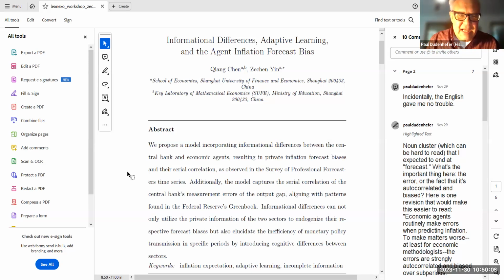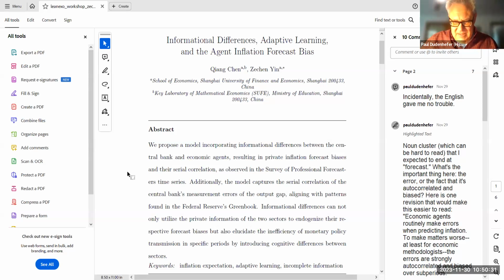But as you point out, in the real world, that's just not true. So you construct a model in which the central bank has one set of information and the private sector has a different set of information.